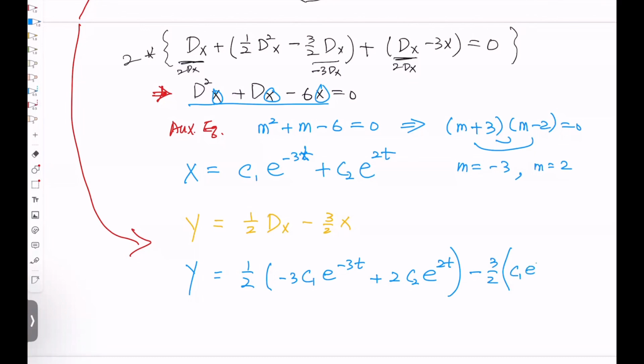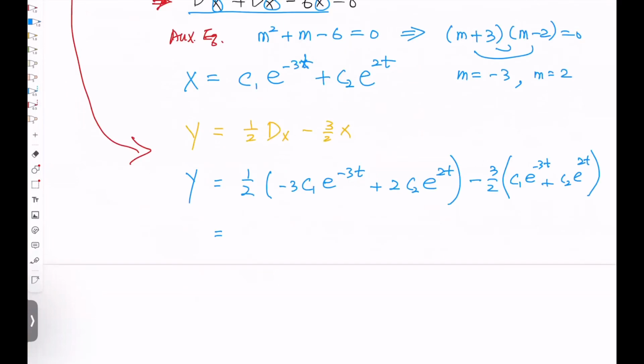That is c1 e to the negative 3t plus c2 e to the positive 2t. From here, negative 3 over 2 c1 e to the negative 3t plus c2 e to the 2t, minus 3 over 2 c1 e to the negative 3t minus 3 over 2 c2 e to the positive 2t.